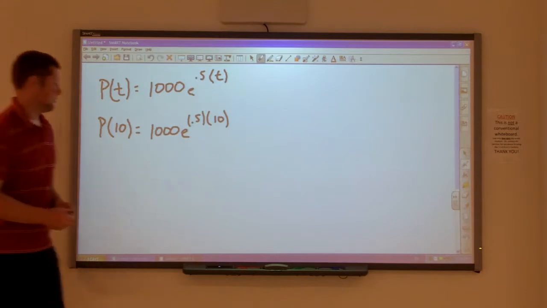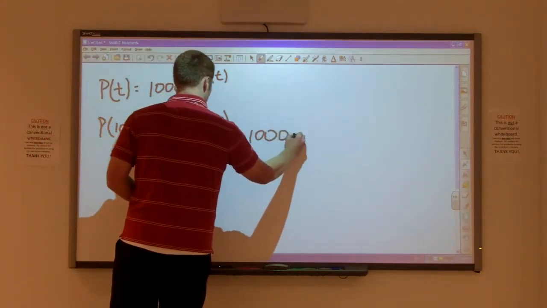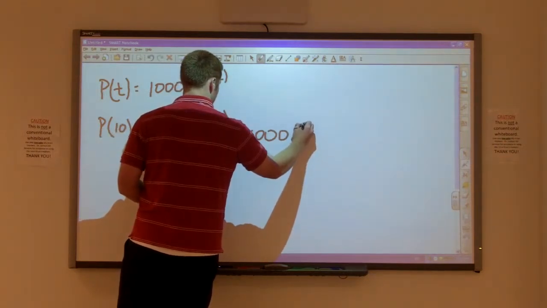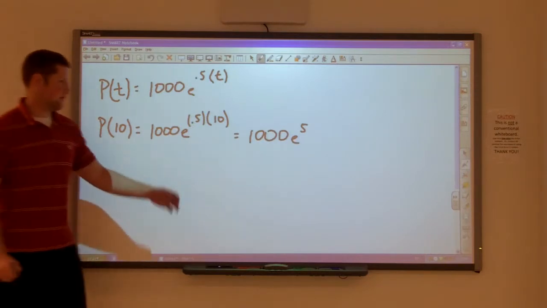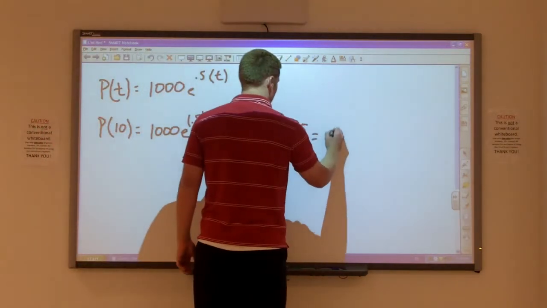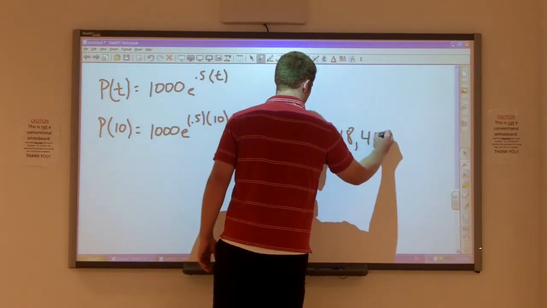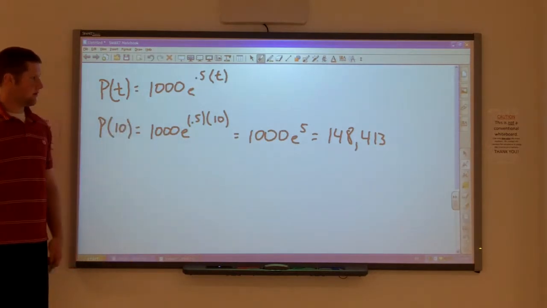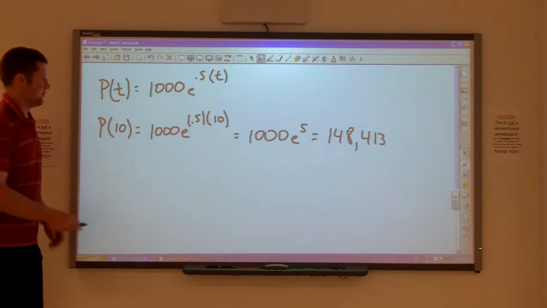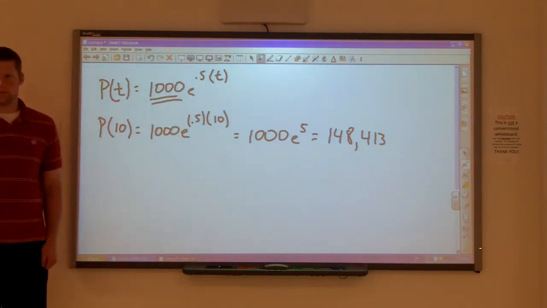So we can rewrite this as 1,000 e to the 5th power, and if we evaluate this, it turns out to be 148,413. So you can see after just 10 hours of growth, we have well over 100 times the amount of bacteria that we started with, which would have been our 1,000 there.